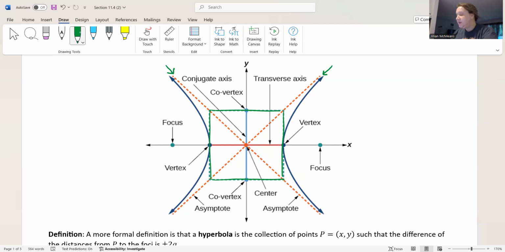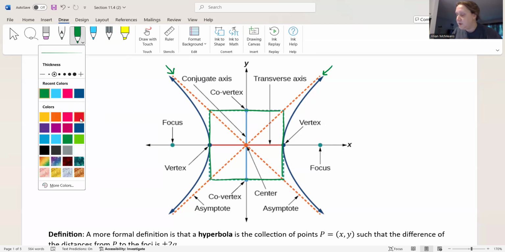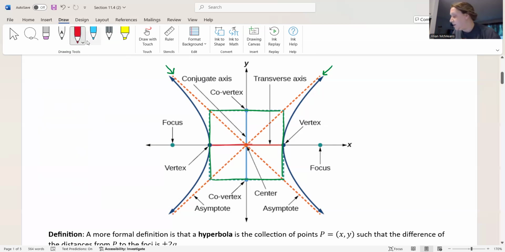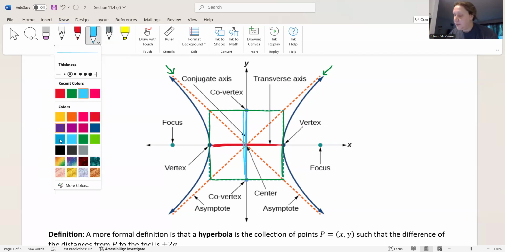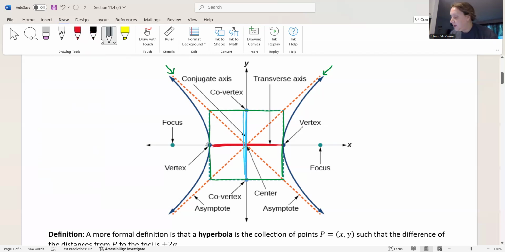Okay, so you can see a lot going on here. You have your transverse axis, which is this red line in the middle. So let's follow that one. I'm going to make it a little brighter. So we have this transverse axis right here. We have the conjugate axis right here. We have our vertices here and here.